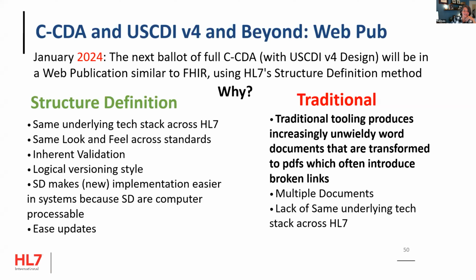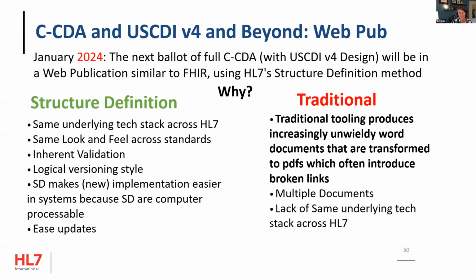Why are we doing this? Well, as I hinted before, the PDF publications are large and unwieldy, so much so that we've resisted doing a reballot of C-CDA. And in addition, we want to get an underlying tech stack across HL7.